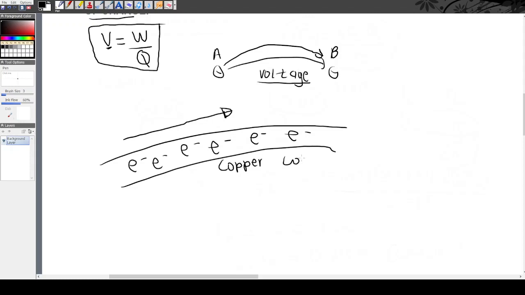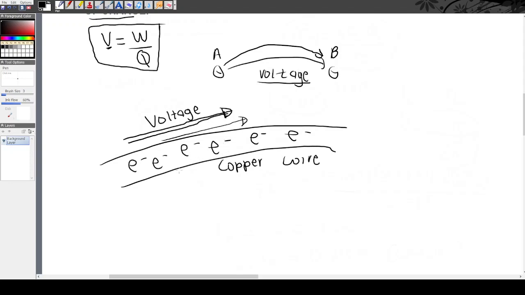So for these electrons to move in direction A1, you need voltage. What is voltage? It's this energy or this force that is needed to push 1 coulomb of charge.